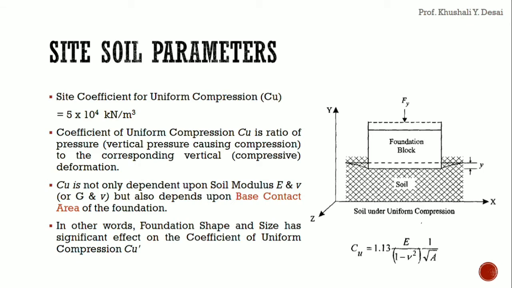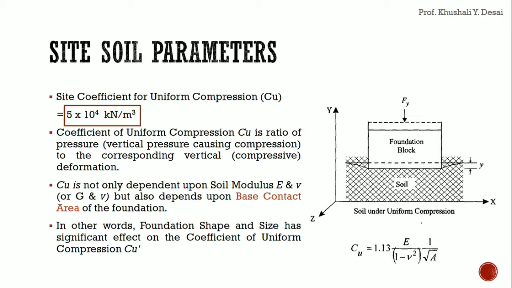Next is site soil parameters. Here it is given that the site coefficient of uniform compression is 5 into 10 raised to 4 kN per meter cube. What Cu exactly means is the ratio of the vertical pressure causing compression to the corresponding vertical deformation. As the figure shows, F5 is a pressure and Y is the corresponding vertical deformation.